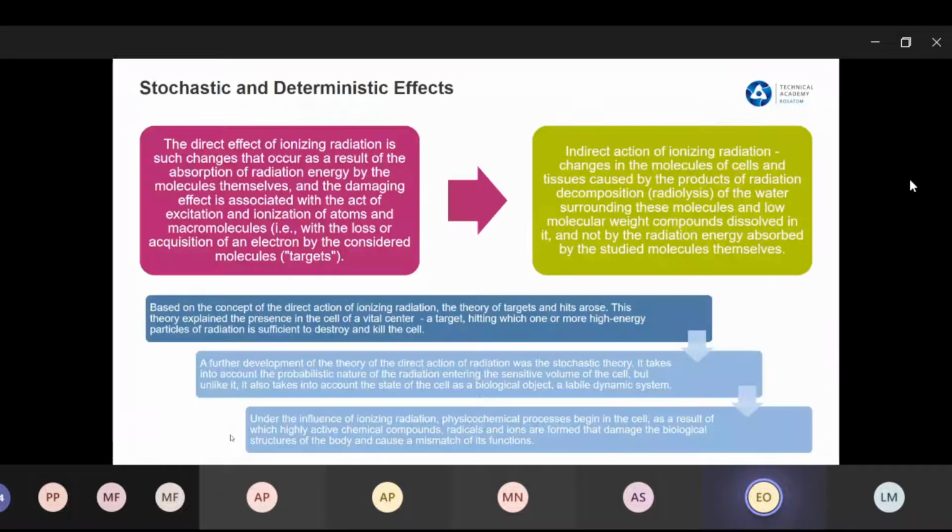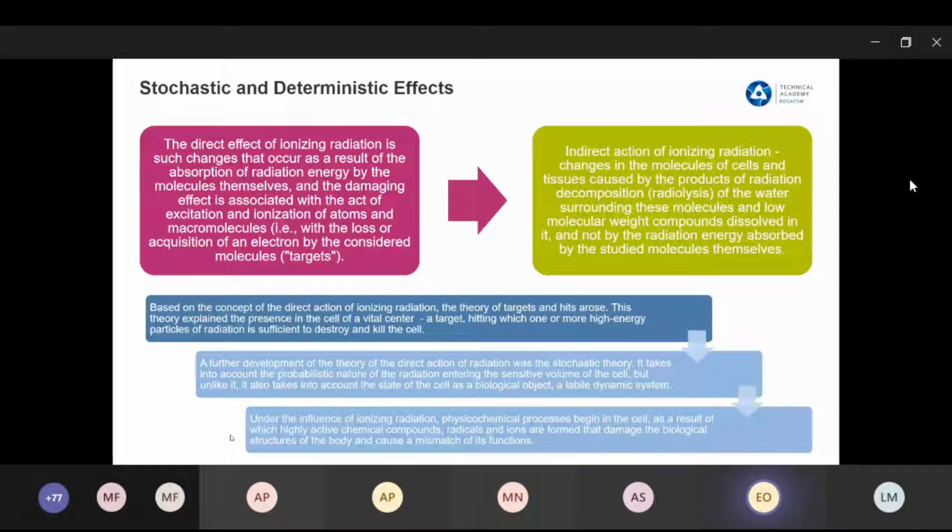So, the direct effect of ionizing radiation is such changes that occur as a result of the absorption of the radiation energy by molecules, and the damaging effect is associated with the act of excitation and ionization of atoms and macromolecules.